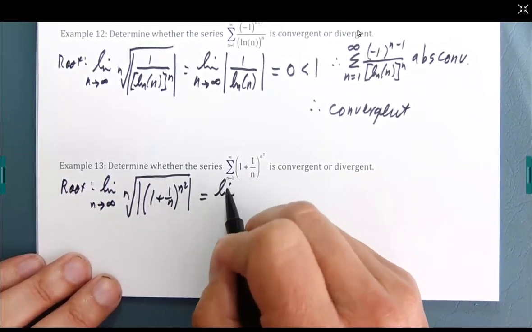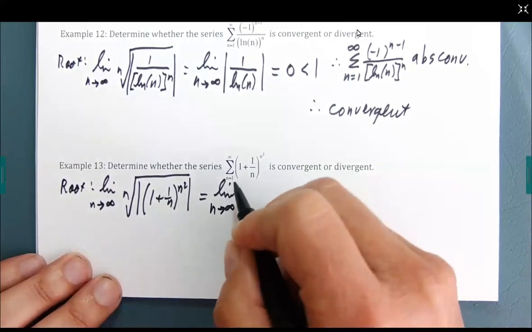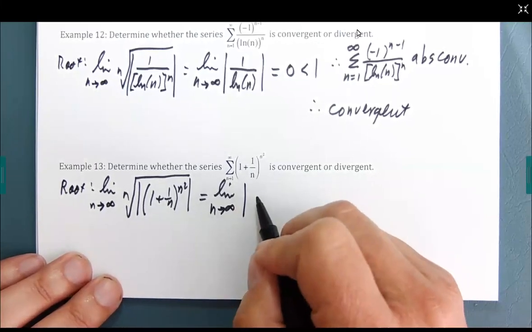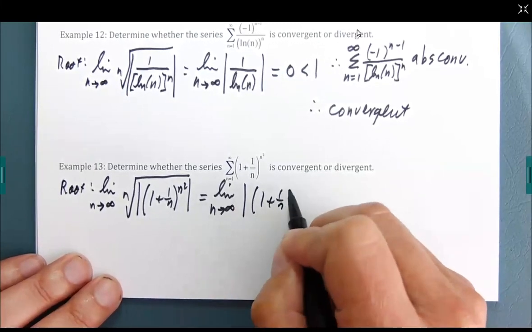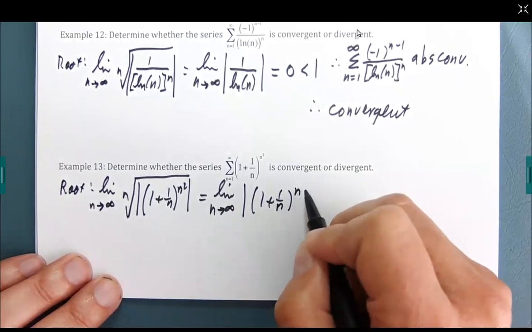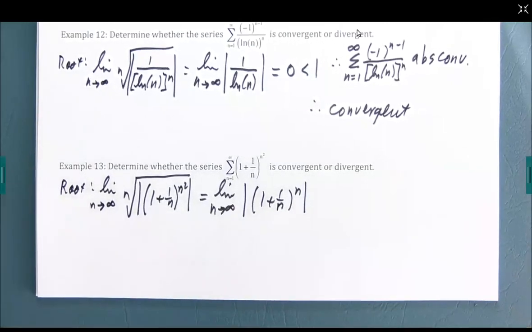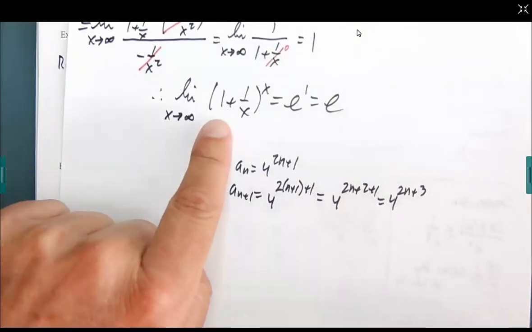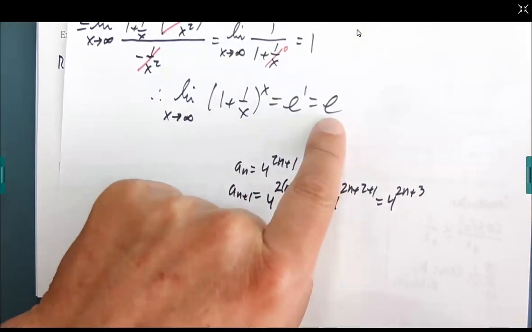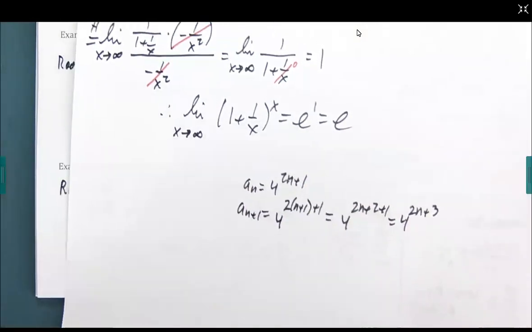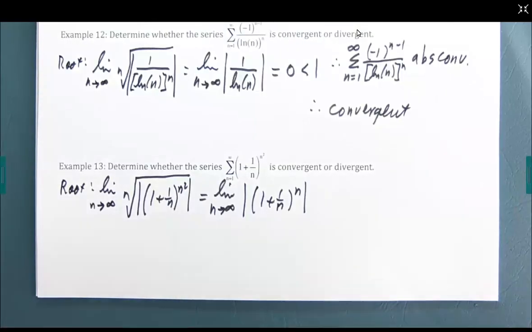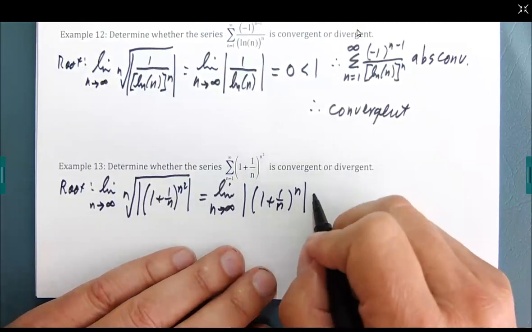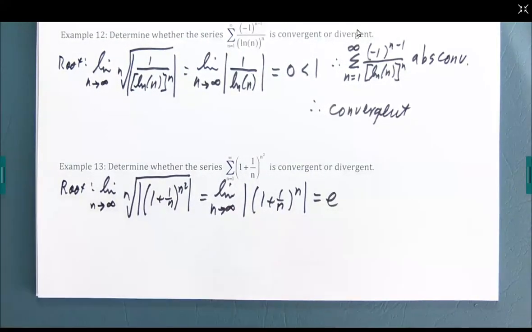So this limit, as n goes to infinity, absolute value of 1 plus 1 over n, to the n power. Now the absolute values are irrelevant in this case, because n is going off to positive infinity. We're going to get positive there. And I want us to recall, I have already proven that this limit goes to e. I told you we were going to come back to that at some point. So this overall limit exactly equals e.